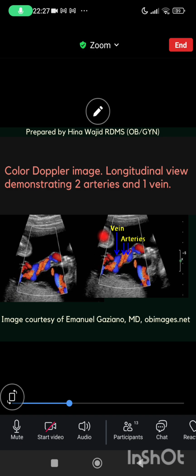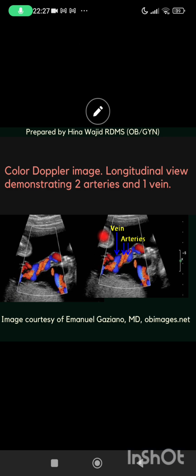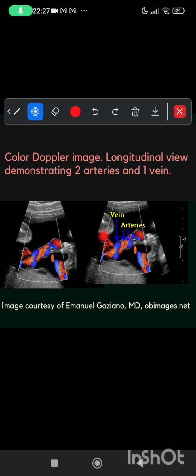So now my question is, when we perform umbilical artery Doppler, at which level do we usually take the sample? Placental cord insertion, abdominal cord insertion, or the free loops of the cord. Here we can see free loops in the amniotic fluid.